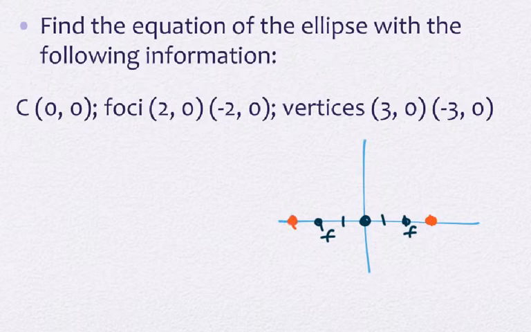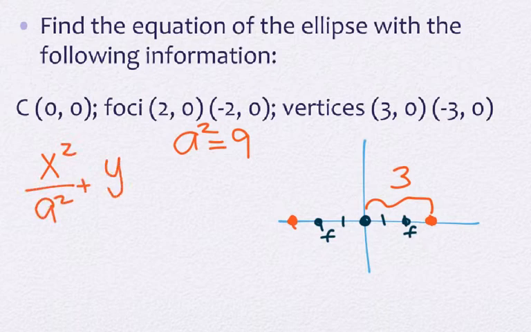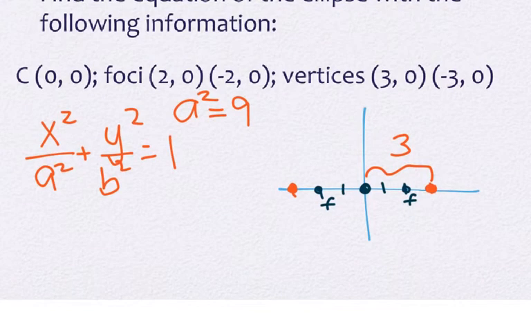So the distance from the center to the vertices is 3. That's my a. So a squared is 9. And because that's on the x-axis, I know that the a squared is going underneath the x.